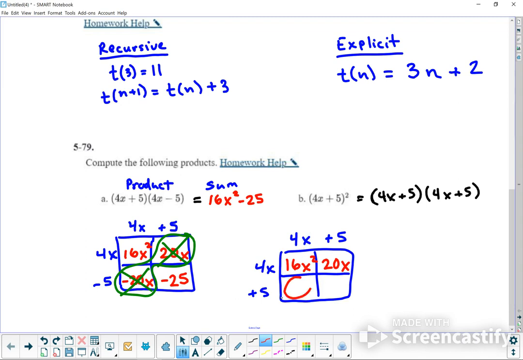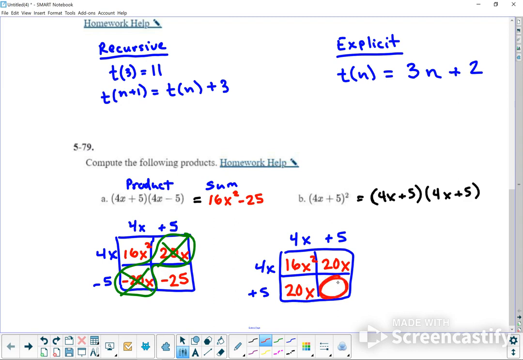Okay, when I want to find out what's in here, I need to figure out what's on top, which is 4x, because it's the same as that right there. And then what's on the side, which is the 5. So 4x times 5 is positive 20x again.